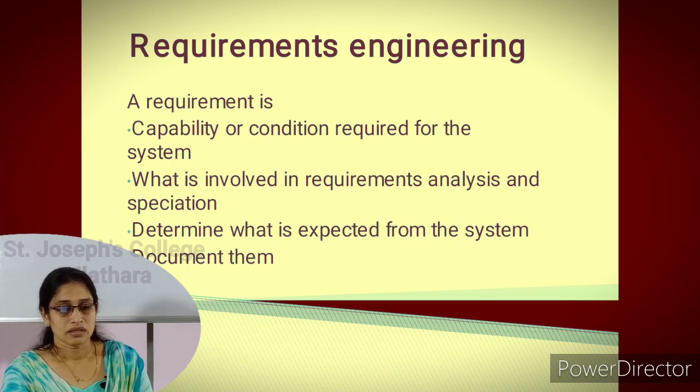Now, let's see how to go about doing the requirements analysis and specification. What are the main activities that are involved to carry out requirement analysis and specification? The first work that needs to be done is to understand what really the customer has in mind. We will have to gather the requirements from the customer.